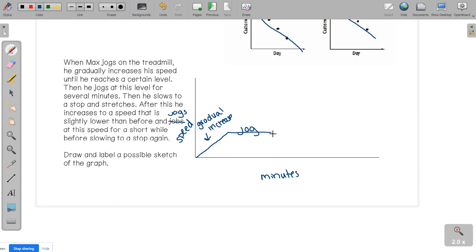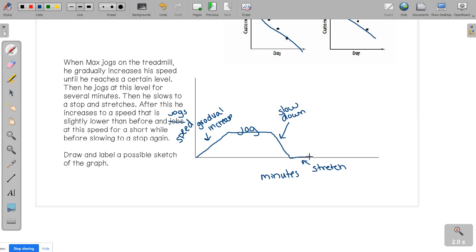Then he slows down to stop and stretch. So he's slowing down. And then he stops for several minutes to stretch. So here he's stretching. It's on the x-axis because he's not having any speed to be up and about. So it has to be a speed of 0.